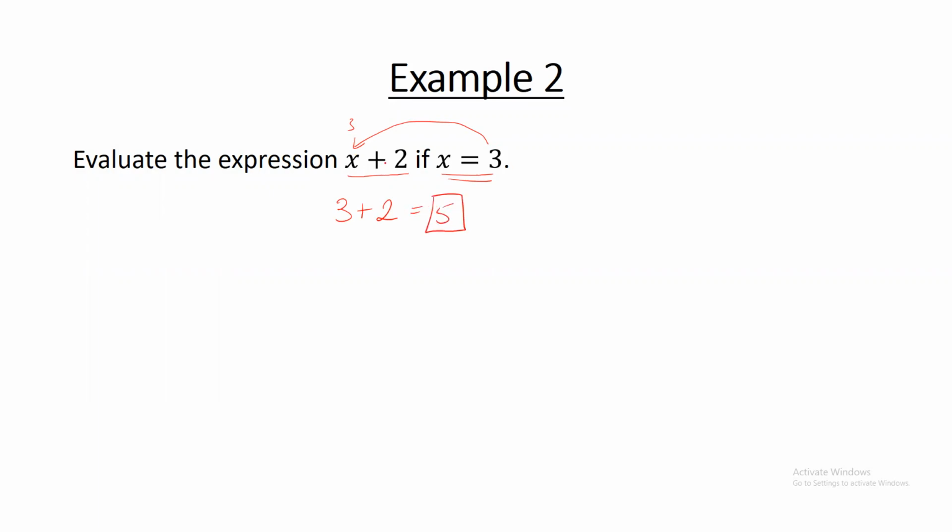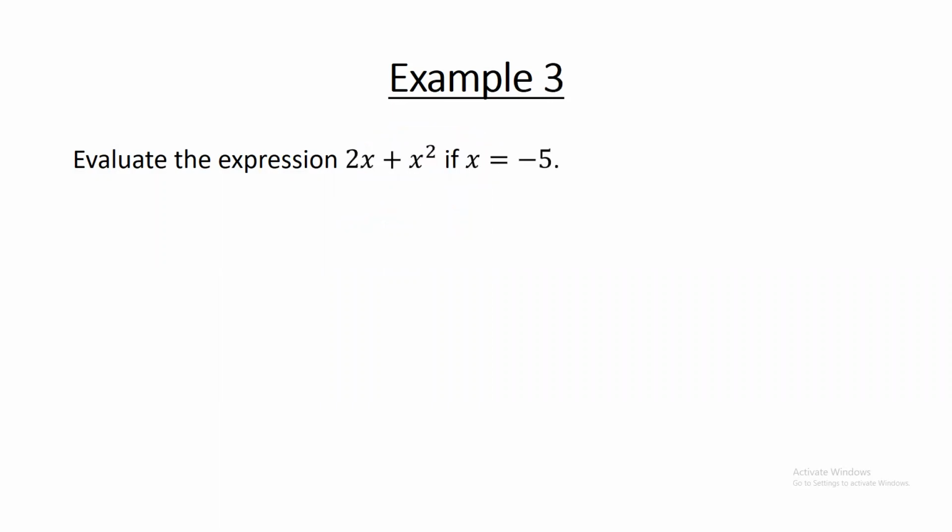So the answer is 5, right? x plus 2 equals 5 if x equals 3. And usually evaluating is just that straightforward. You simply plug the number into x and you evaluate. The wrinkle comes in sometimes with negative numbers raised to certain powers.